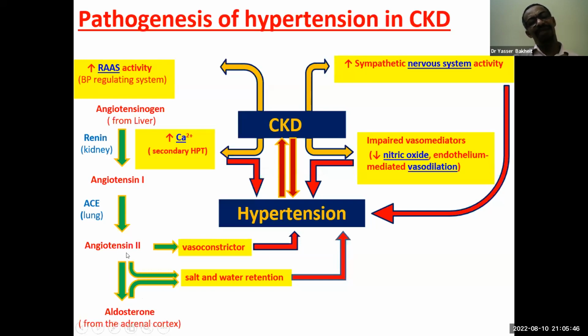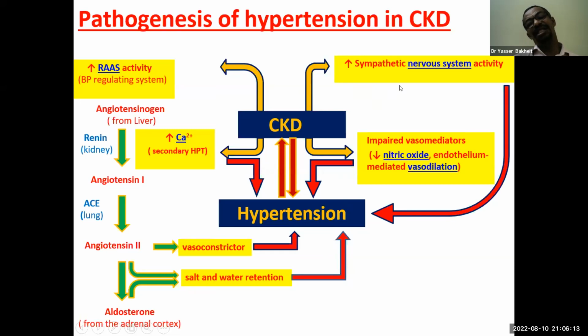At the same time, angiotensin 2 is a vasoconstrictor and causes hypertension, and it can also cause salt and water retention, causing hypertension. Aldosterone from the adrenal cortex also causes salt and water retention and hypertension.